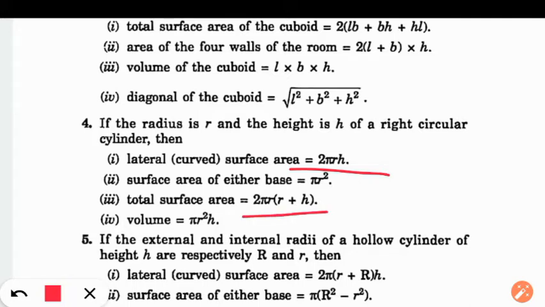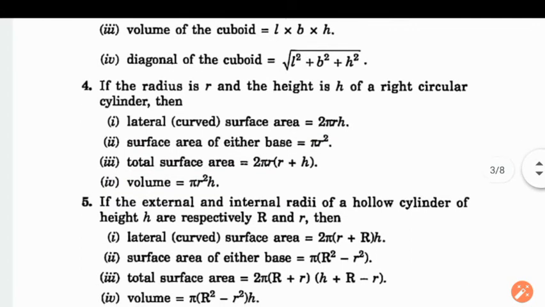So after taking common, we will have 2 pi r and in bracket r plus h. This is the formula to find the total surface area of the right circular cylinder. And to find the volume of the cylinder, the formula is area of base into height, and the base is a circle, that is why we have pi r square into h.